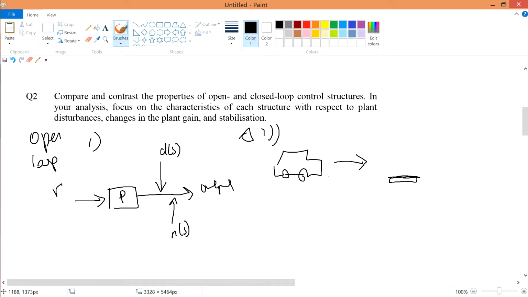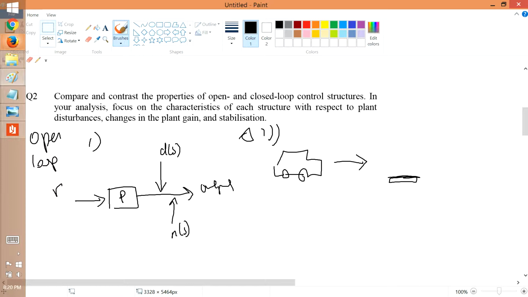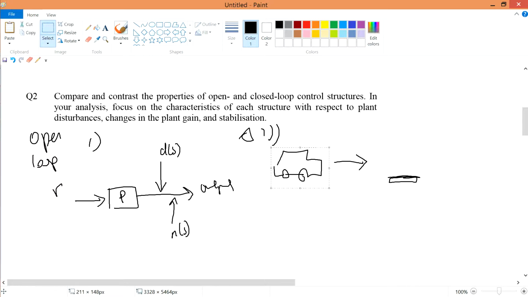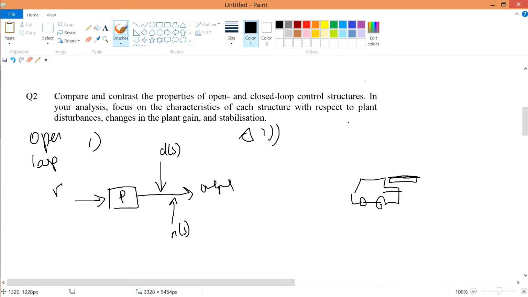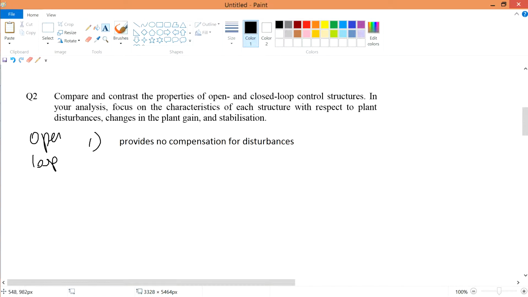But along your way, there may be a disturbance that pushes your car to the other side. Because there is no feedback signal telling you that you have been disturbed, you will continue to move, but you are not at your desired output, because your desired output is this position, but you will stop at this position. This is not good, and therefore it provides no compensation for disturbances.